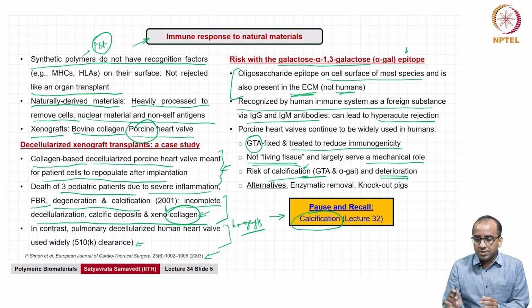For such patients, the bioprosthetic valves are typically not recommended because they are more metabolically active, which means the risk of calcification is much higher, right. So, these porcine heart valves are typically prescribed for patients who are 50, 60 plus, where they will remain and function quite well for 10 to 20 years.